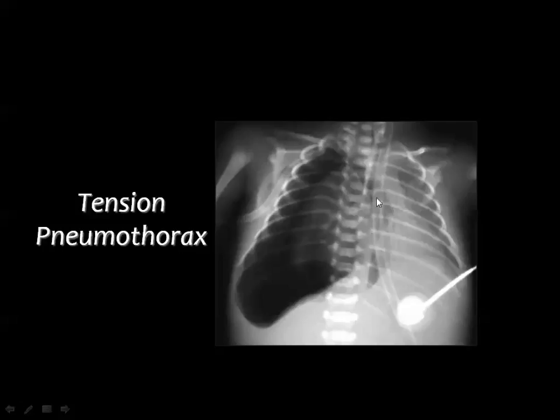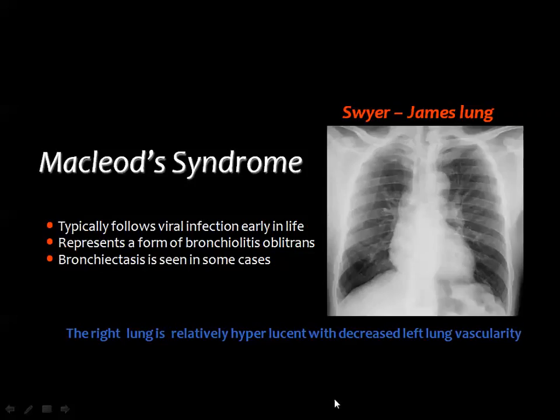And you see here that there is a big amount of air within the pleural cavity compressing the underlying lung, but the heart and the mediastinum are shifted to the left side, and the diaphragm is markedly depressed. Then you know they are dealing with a tension pneumothorax.